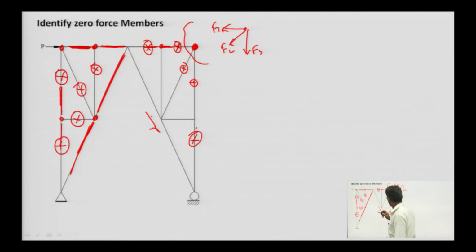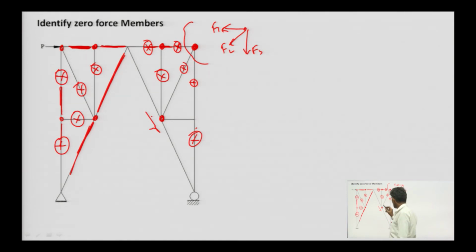And what about this side? Here, if this is 0, in this at the no force, so this member will also be a 0 force member.